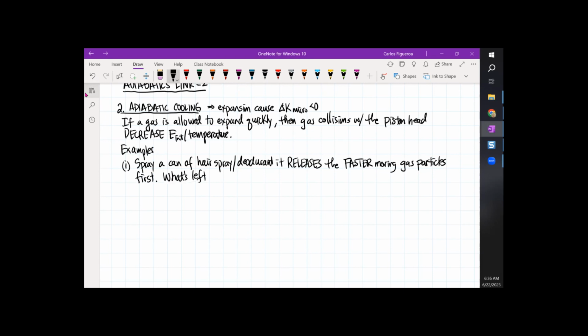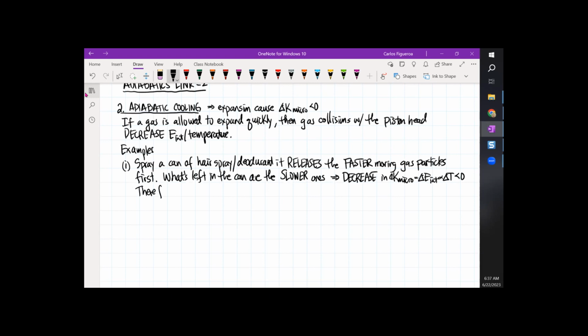What's left in the can are the slower ones. So that implies a decrease in the average K micro, which tells you that the internal energy, which is proportional to the change in temperature, has decreased.